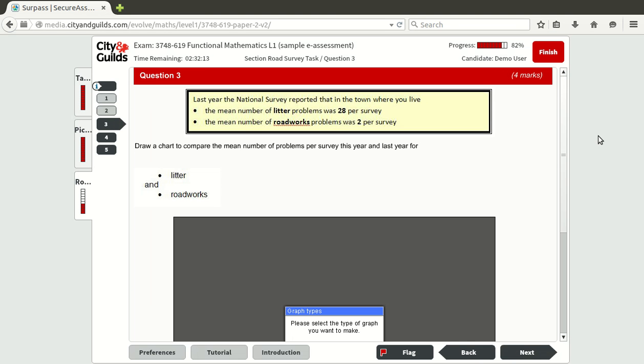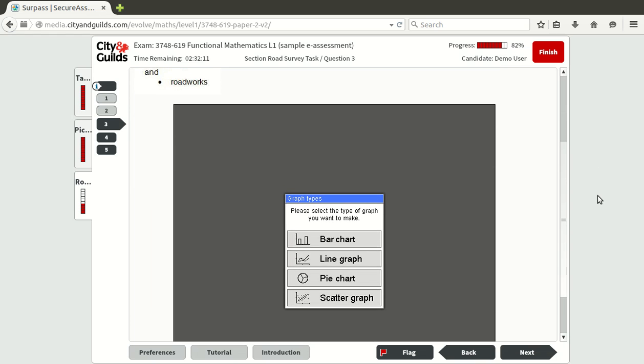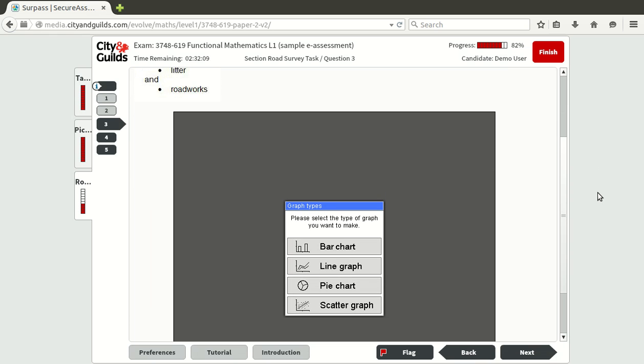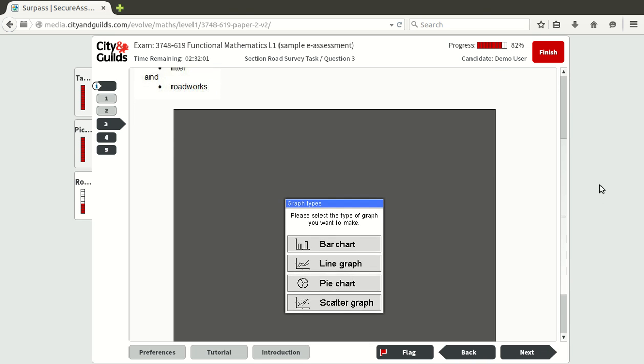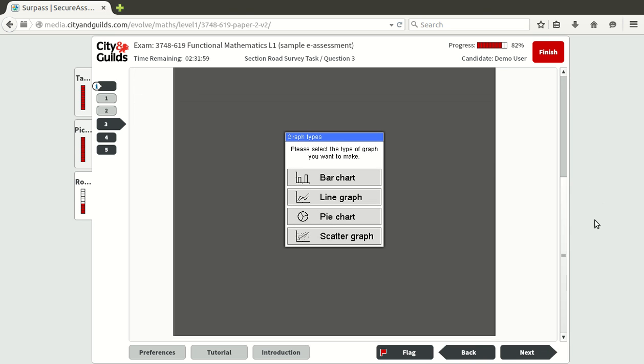So let's go back to our question now. In most cases the best chart to use would be a bar chart. So when you're doing your test, it's always a good idea to use a bar chart. So I'm going to use my bar chart.